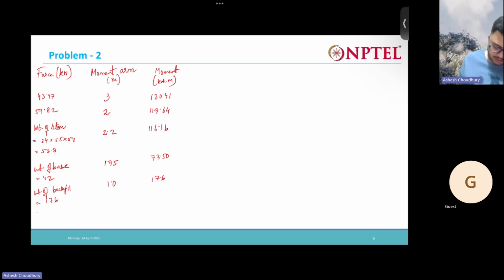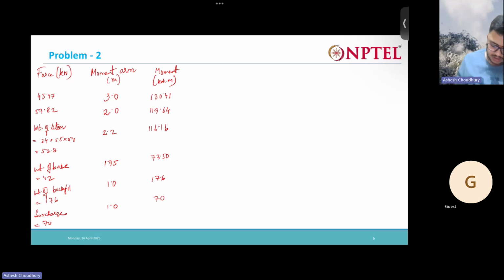Okay, and then at the last you have the surcharge. Surcharge is 35 times 2, it is 70, and the distance is again 1 meter.